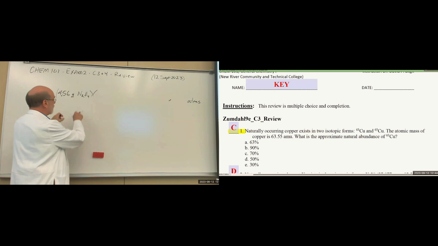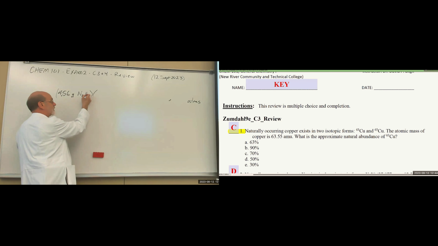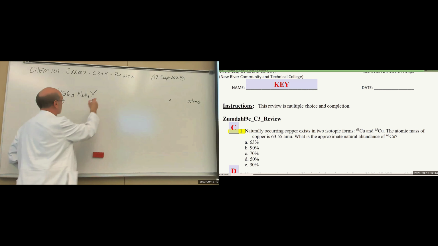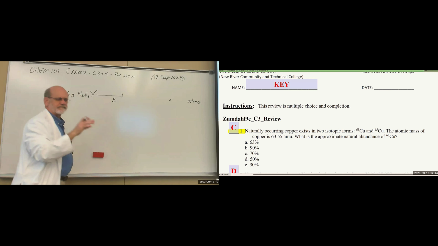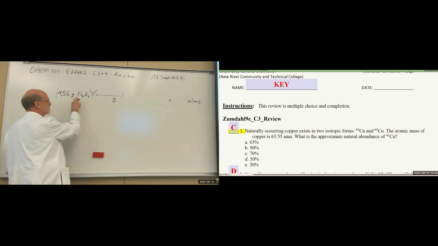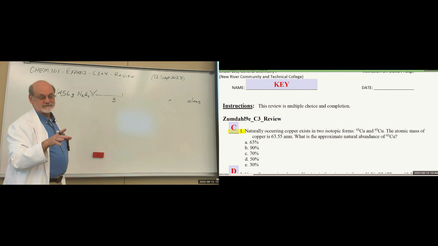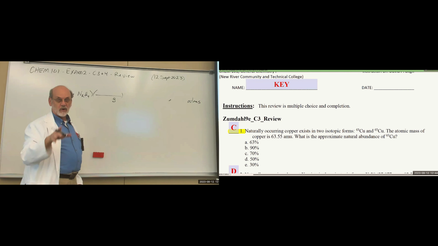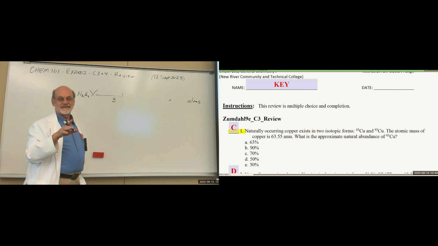We can convert that into moles of hydrazine, that whole unit right there. Okay, so we've got, oh no, I'm sorry, you should have stopped me. It's not Avogadro's number. That's the bridge. It's molar mass. Okay, did I confuse anybody?